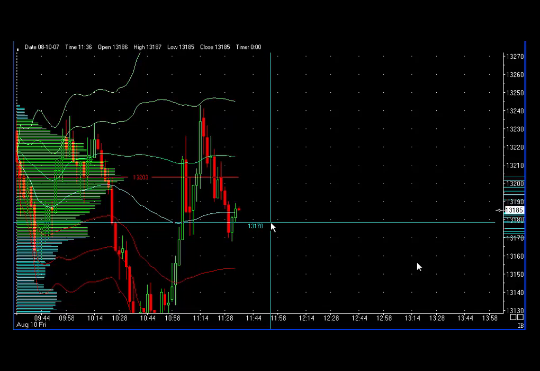Okay. Now let's see if we get a down bar. And if the down bar goes below 13,179, touches 178, we'll enter the trade. Okay, 13,179, 178, touched. Yep, we got a fill. Okay, that's the Shapiro effect in action.